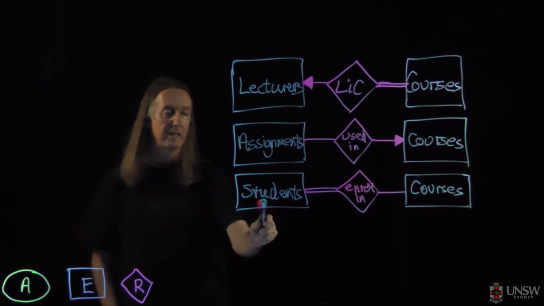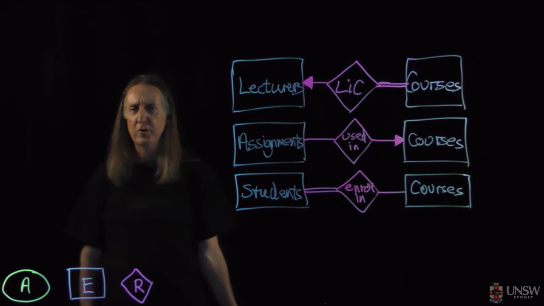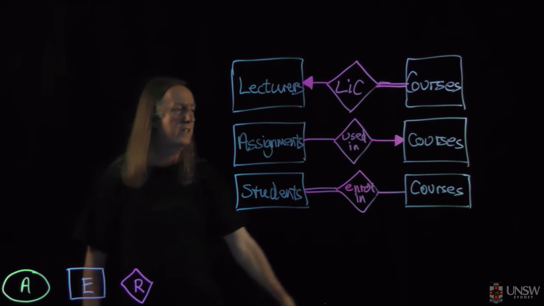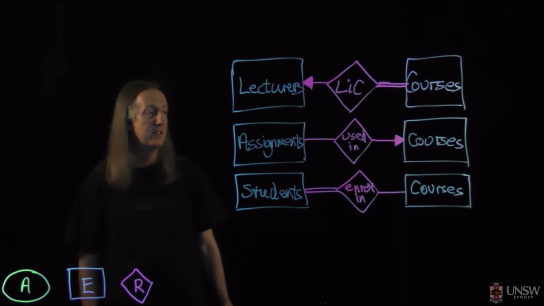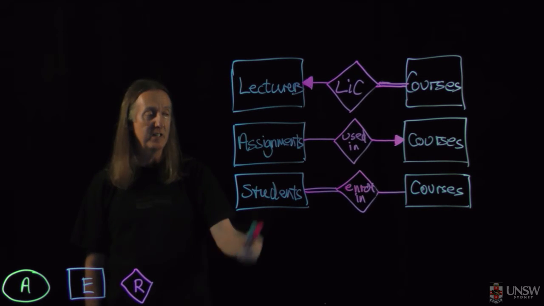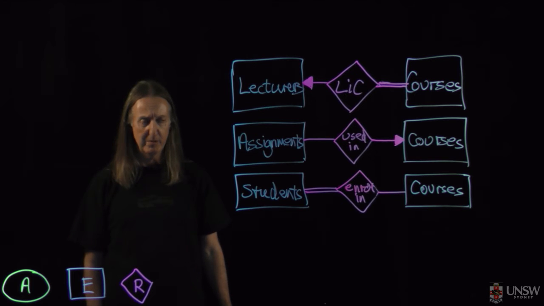Okay, so a student may enroll in several courses, obviously, to complete a degree, and generally a course will have more than one student in it. So that's going to be an N-to-M relationship as well.